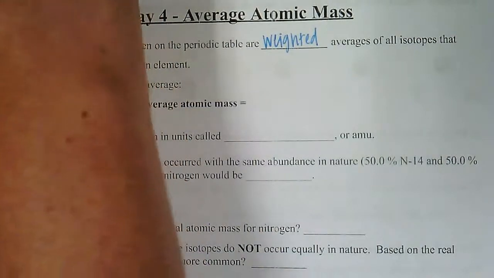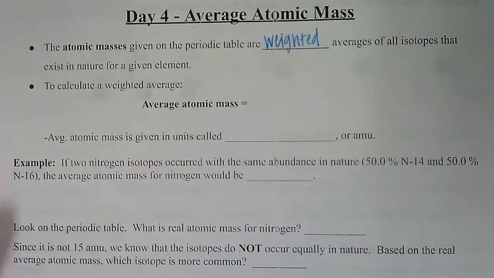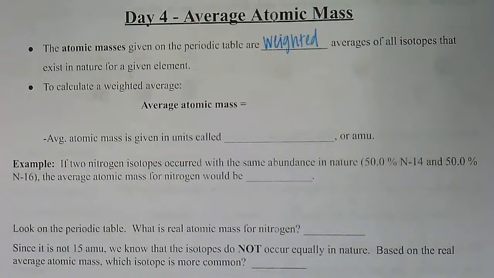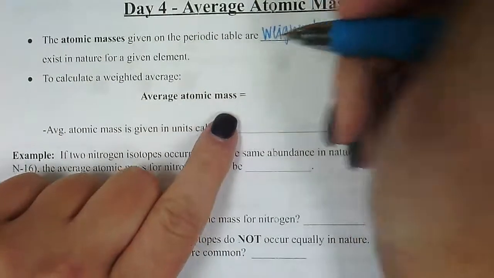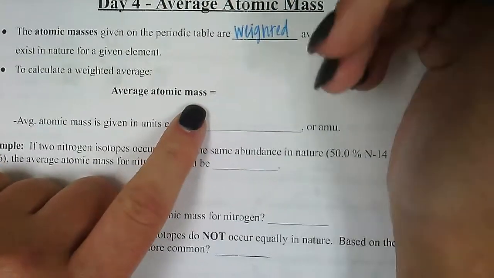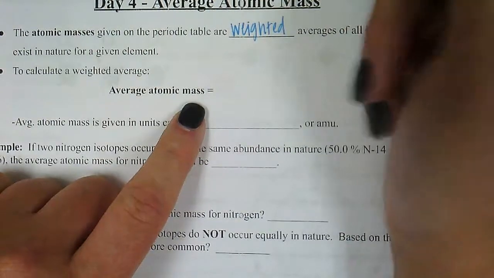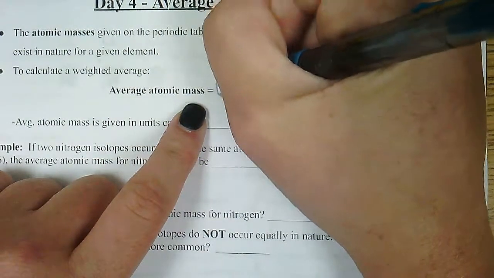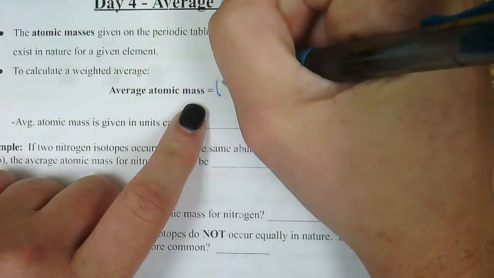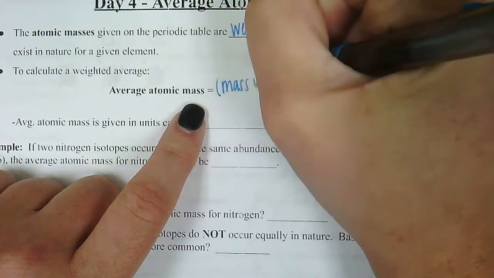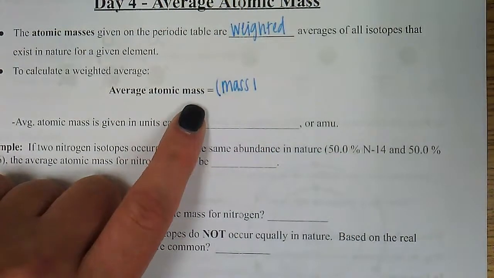So, to calculate our weighted average, the best way for me to explain it and show you is: you have your average atomic mass, and in parentheses you have the mass of your first isotope.